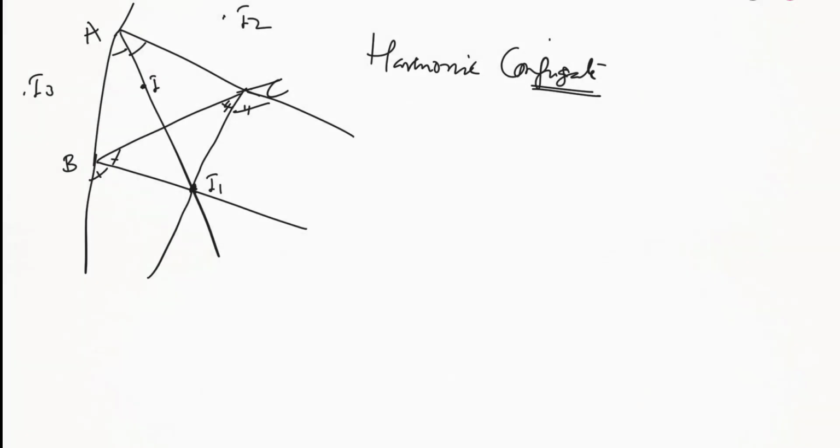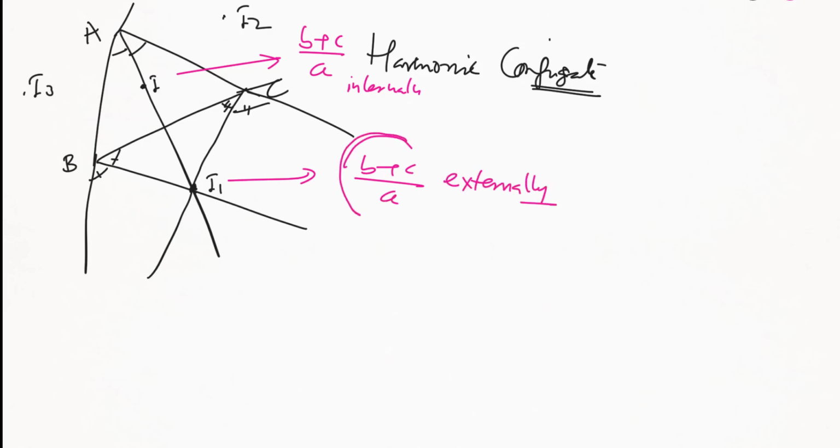While deriving the formula, we know this divides internally in (b plus c) over a, right? Internally, so this will divide in (b plus c) over a externally. Again we are seeing the fraction, right? And using the section formula you can easily figure out the coordinates of this point. One more important point, this excentre will be the center of the circle which touches all 3 sides.